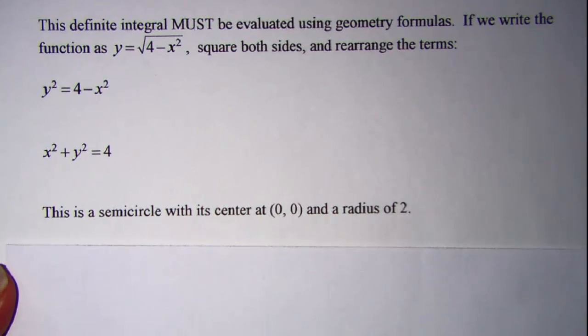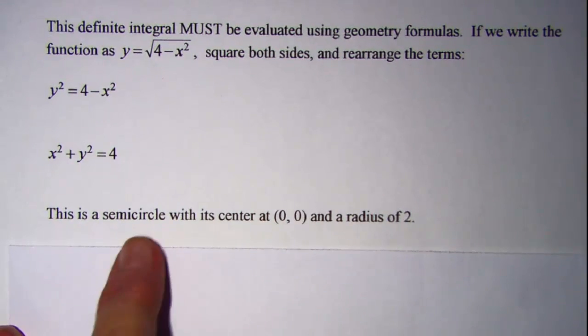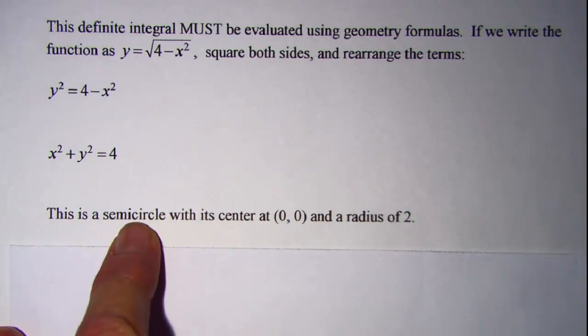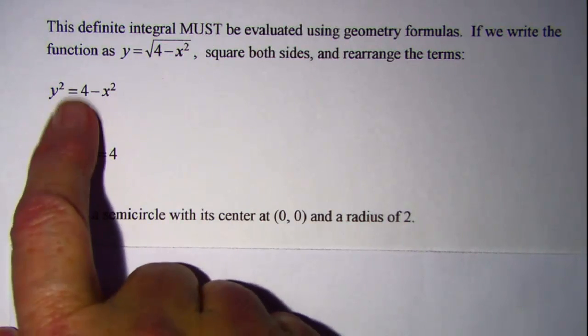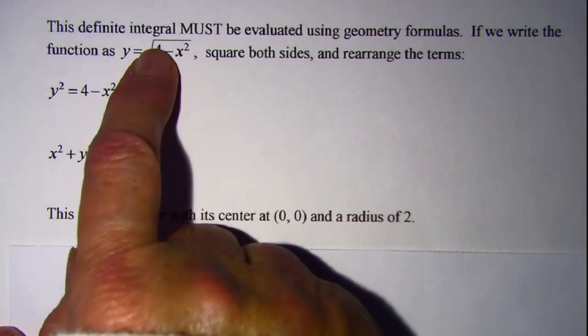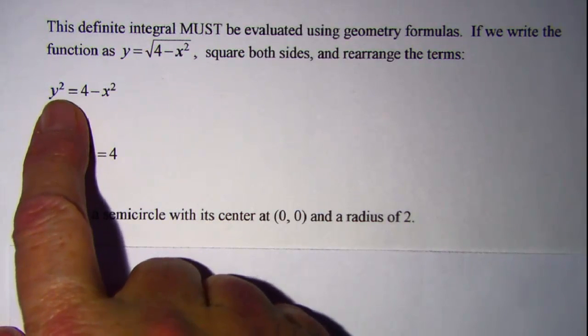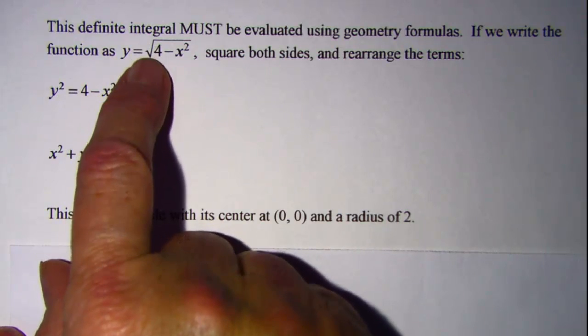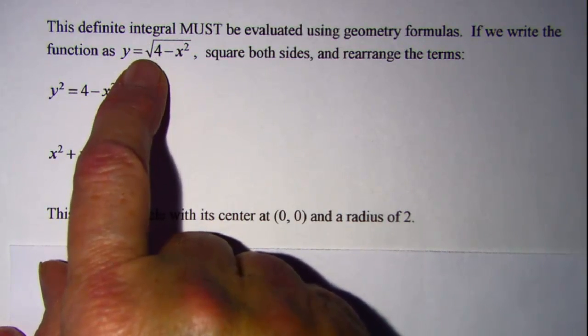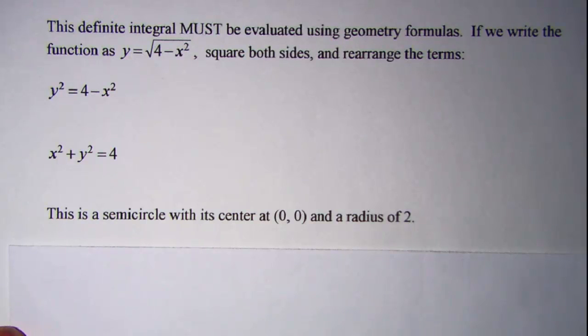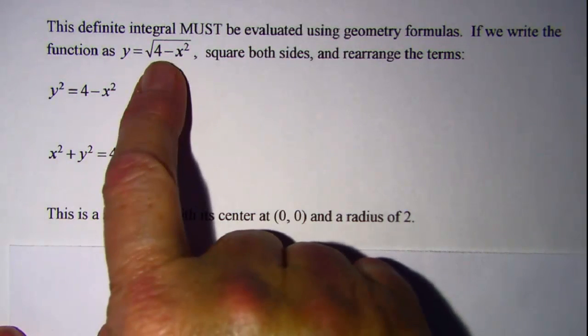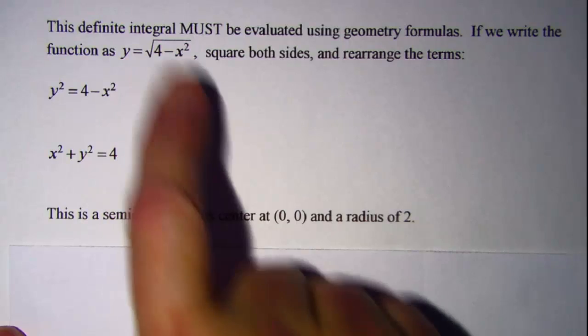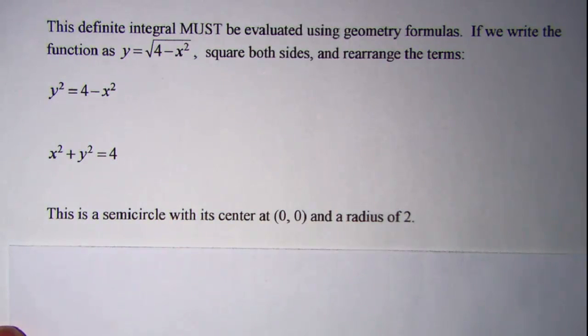So the region that we want to find its area is a semicircle, and the reason it's a semicircle is because if you went from this step back to this step where we have to square root both sides, we would actually have plus or minus in front of the radical. So the plus part is the one that we're dealing with, and that's going to be the semicircle above the x-axis.